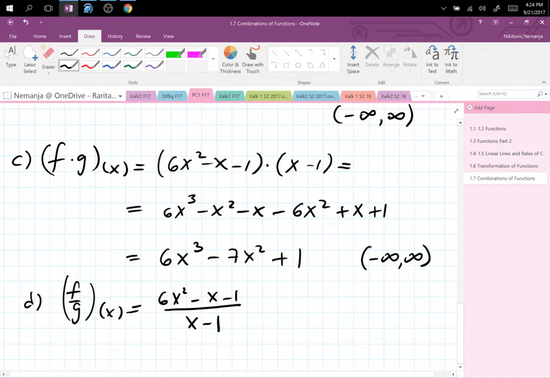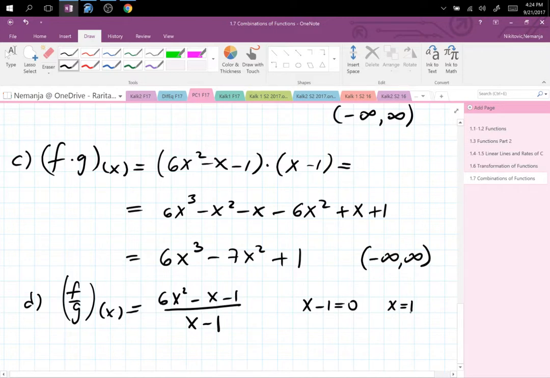If you try to do a long division here, you will see that it is not divisible evenly. So you will have to leave it like this. But what should we do for the domain? Equal to 0 what? Good. What do I get from there? And what is that?